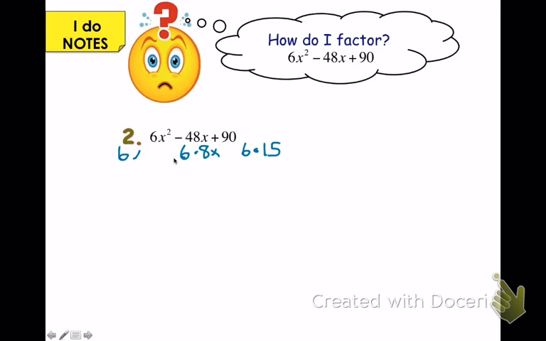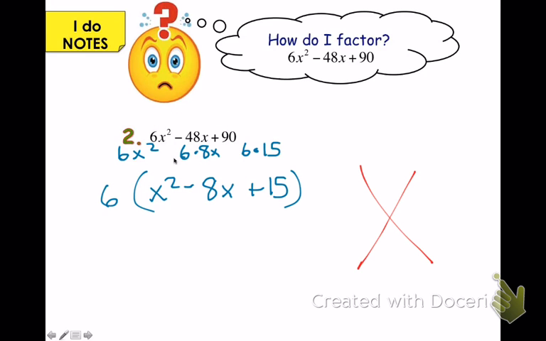And this is just 6x squared here. So I'm going to factor out that 6 in all of them: x squared minus 8x plus 15. Again, this allows me to use my shortcut, which is a great thing, because I wouldn't have been able to use the shortcut had I done 6 times 90 from the start.